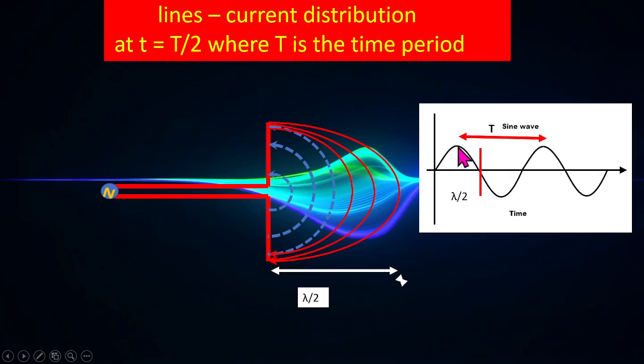This happens during the time period of T by 4 to T by 2. So at that time these red field lines which were formed during the first quarter travel a distance of lambda by 2, and these blue field lines travel a distance of lambda by 4.